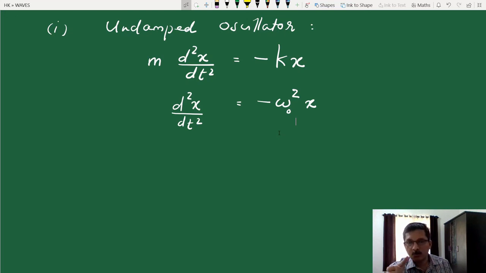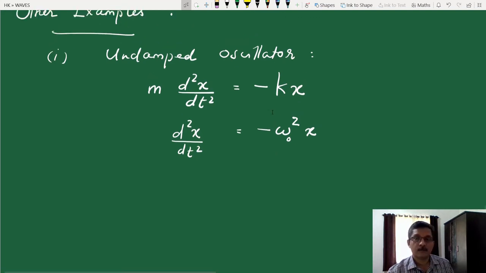On the right hand side you may have a confusion, omega 0 has the power 2. But the point is, look at the unknown function x. Here the unknown function, or the dependent variable, is x, and the unknown function x has the power 1.